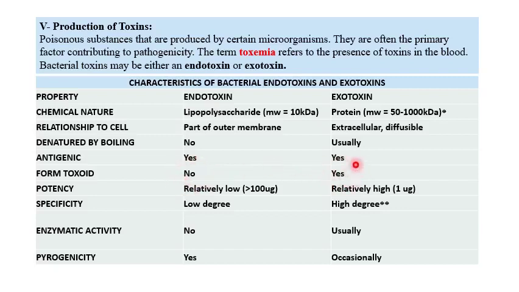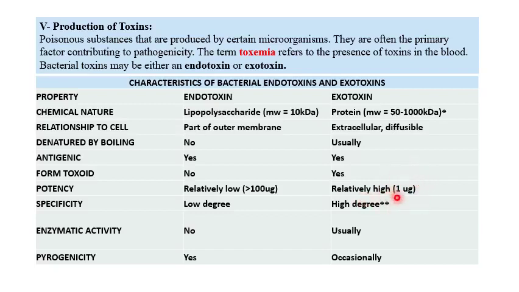When we can convert the toxin to toxoid, we can use it as a very successful vaccine, as we will see in diphtheria and tetanus, etc. The potency: if we compare both potencies, we can see that the exotoxins are highly potent, with relatively higher potency.